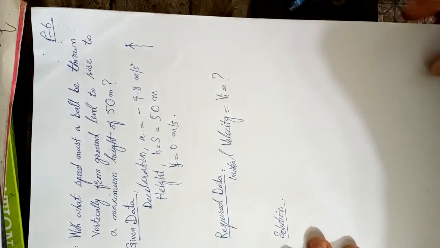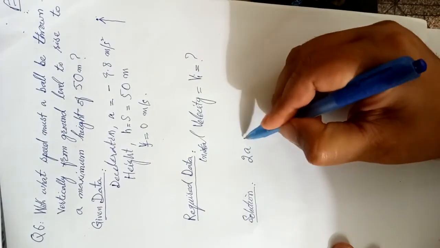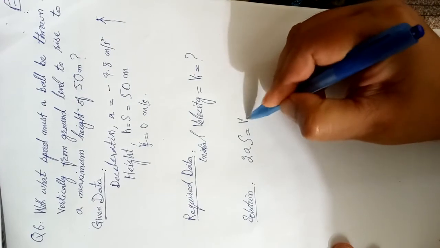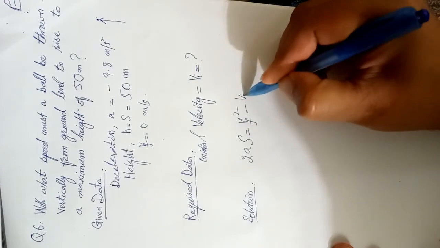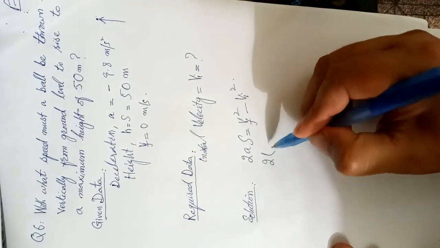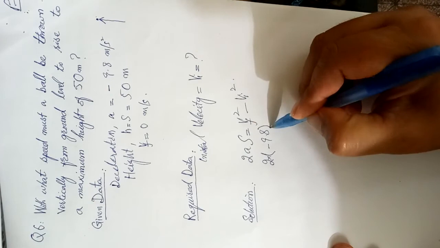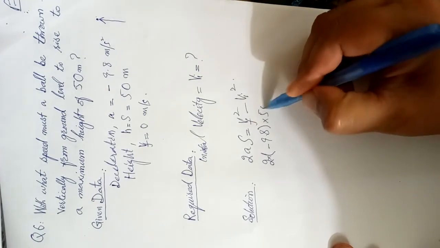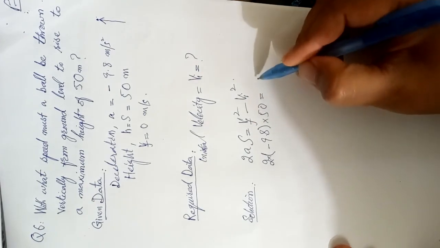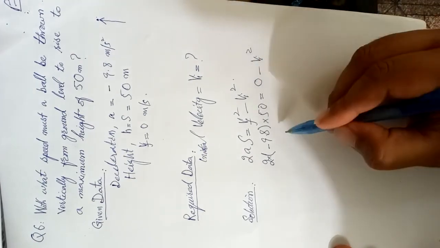Now from the third equation of motion, we know that 2as is equal to Vf square minus Vi square. By putting the values, 2 into minus 9.8 into S is 50. Vf is 0 minus Vi square, Vi is to be determined.